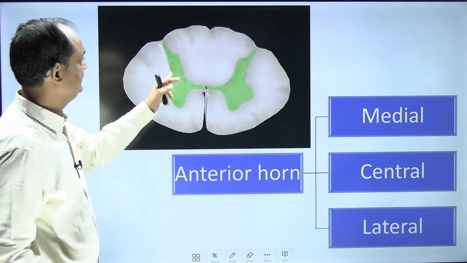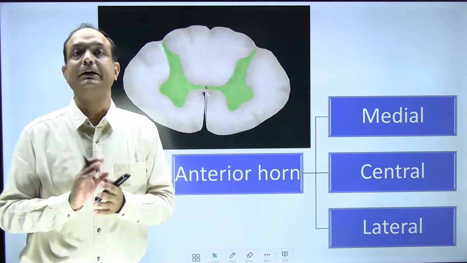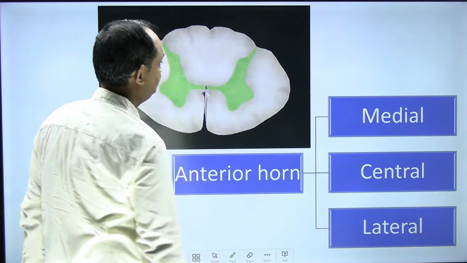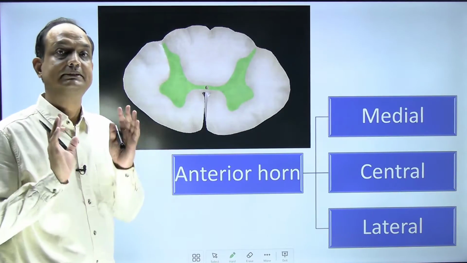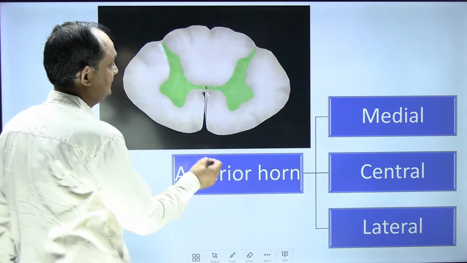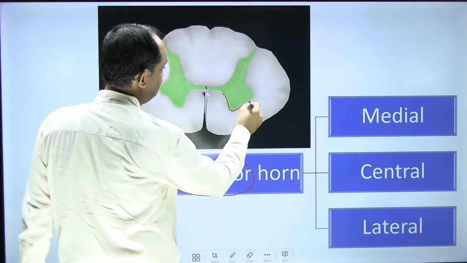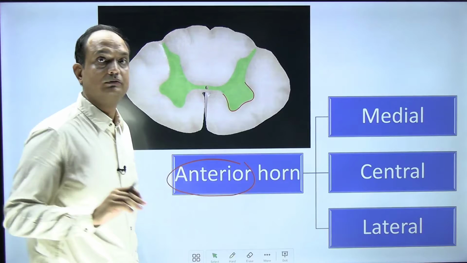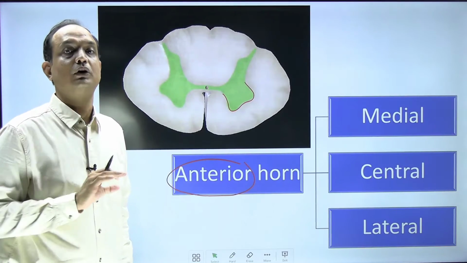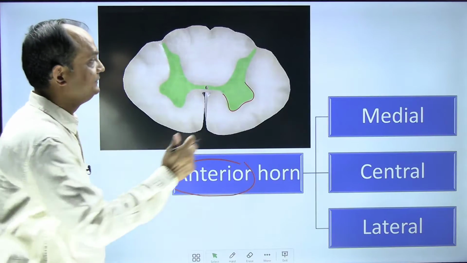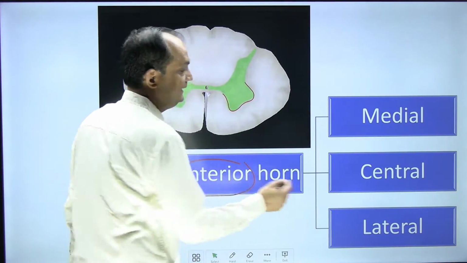This is the green-colored H-shaped grey matter of the spinal cord, and you know that in this grey matter you have three horns. Which are these three horns? The anterior horn. This anterior horn is the broad area of the grey matter, and it has three sets of nuclei: medial, central and lateral.